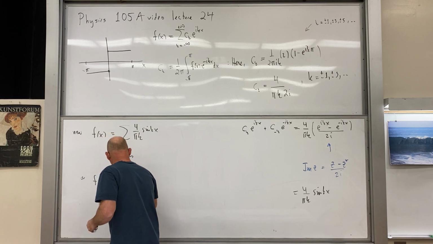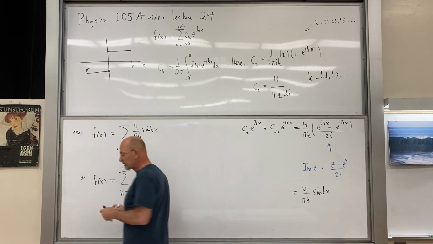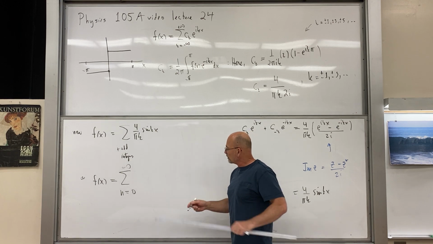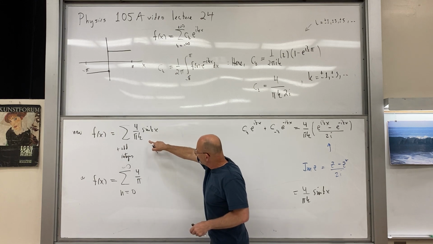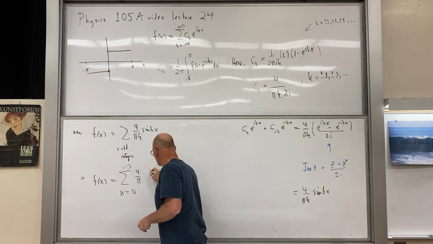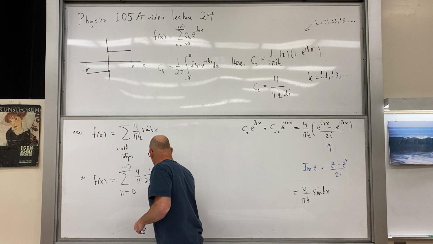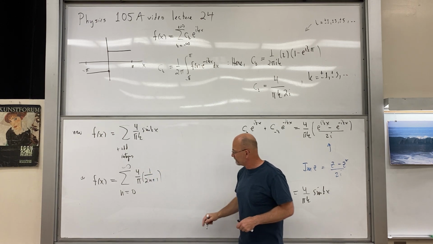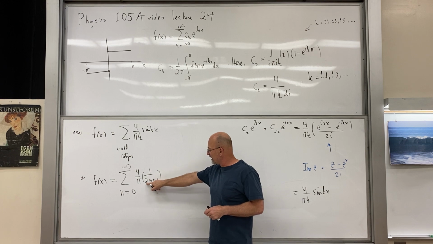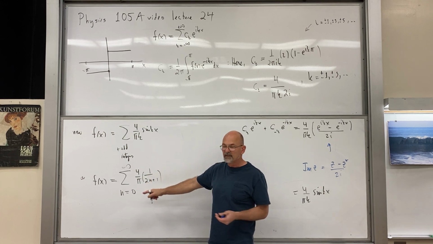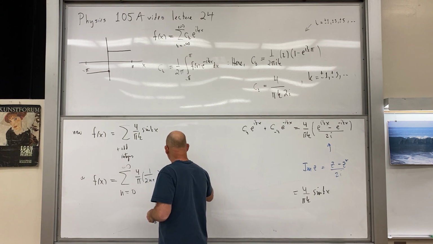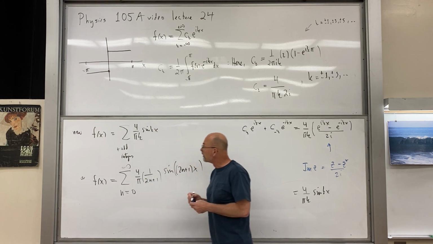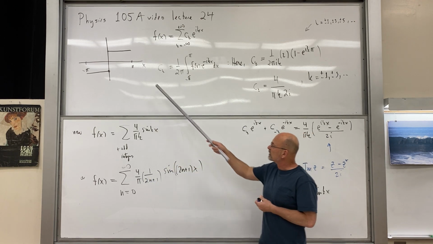We sum from n goes from 0 to infinity, with 4 over pi. Now the odd integers k will be 2n plus 1. N equals 0, we have 1. N equals 1, we have 2 times 1 plus 1 is 3, etc. So 1, 3, 5. And then we have the sine of 2n plus 1 x. So there's the compact form of that step function.